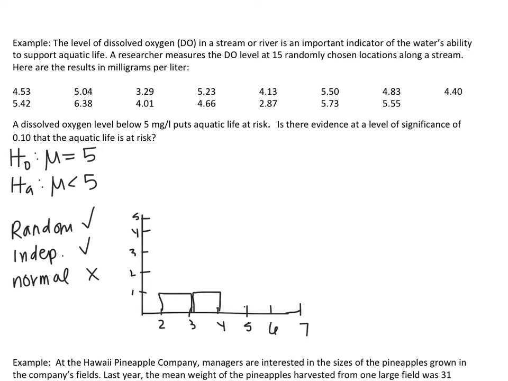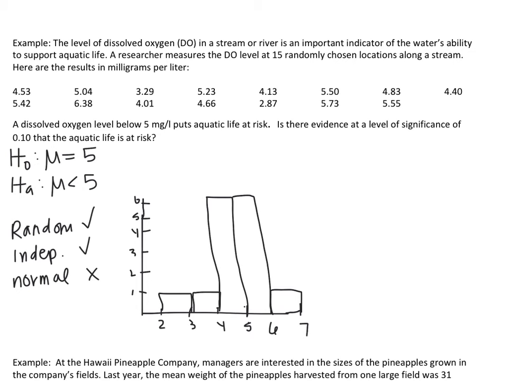So we have 6 values. So I'm going to have to go up one more here. Okay, then we're checking between 5 and 6. We have 5.04, 5.23, 5.5, 5.42, 5.73, and 5.5. So we again have 6. And then lastly, between 6 and 7, we have 1, the 6.38.